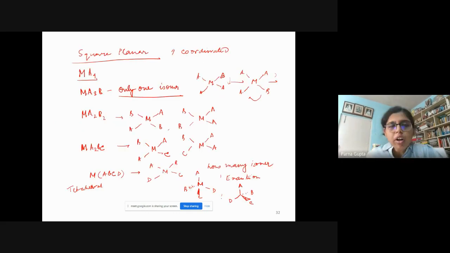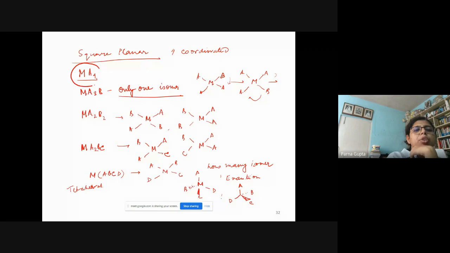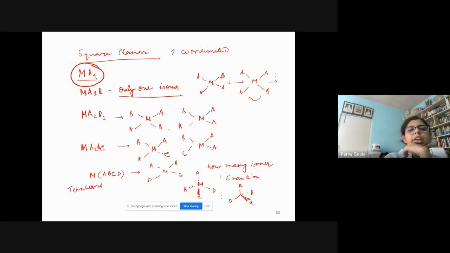Now, I have written it there. This is a calculation you can find in a book. If you have a square planar 4 coordinated complex, diastereoisomerism is very important for the square planar 4 coordinated. So it might be MA4.